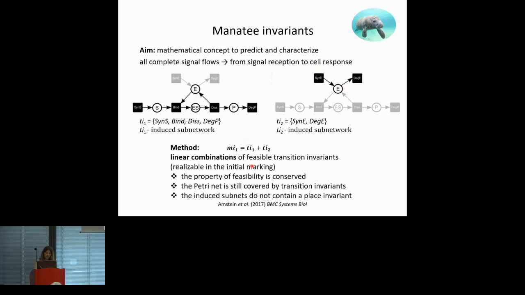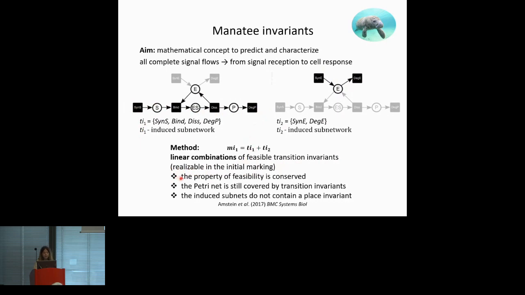And what we did, I will not go here in very detail, but we just perform a linear combination of feasible transition invariants. That means that are reliable invariants in the initial marking, meaning that all transitions of the transition invariant can take place and can fire.